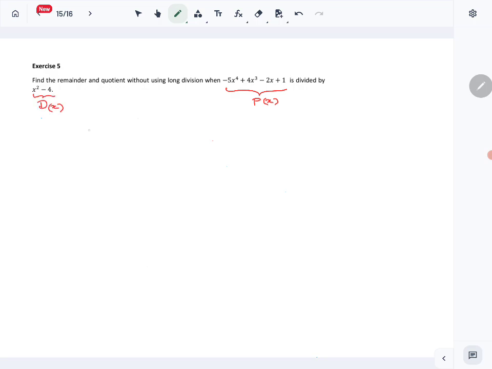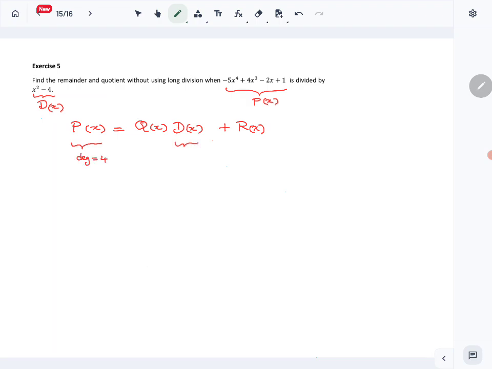So then let's recall the division algorithm form, the second form. Okay, we are going to use the second form. P of x is equal to Q of x times divisor plus remainder, right? So now what is the degree of the dividend? 4. Degree is 4.